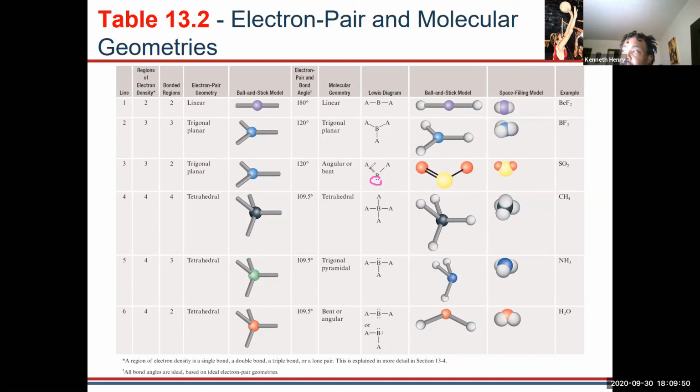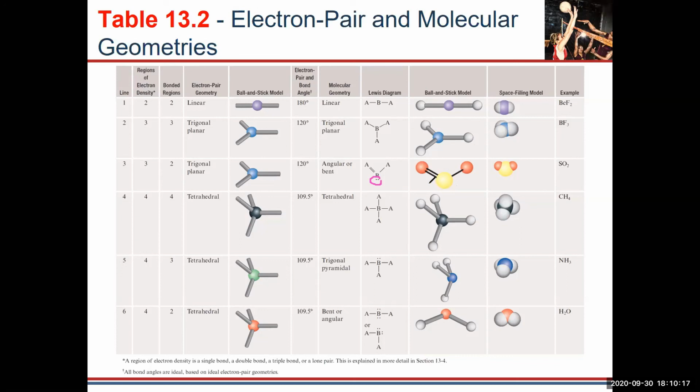Technically, if we look at the electron pair geometry, this is going to be trigonal planar because there are three things attached to that center atom. So here's B, you have 1, 2, 3 attachments when we look at the electron pair geometry. But when we look at the molecular geometry, it's as if there are only two things attached and it's in a bent structure. Okay?